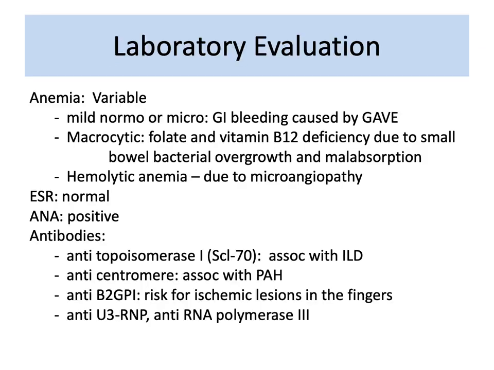So for the laboratory evaluation, anemia may be variable, from mild normocytic to microcytic anemia because of GI bleeding caused by gastric antral vascular ectasia. Patients may also have macrocytic anemia due to folate and vitamin B12 deficiency because of small bowel bacterial overgrowth and malabsorption, and also hemolytic anemia due to microangiopathy.